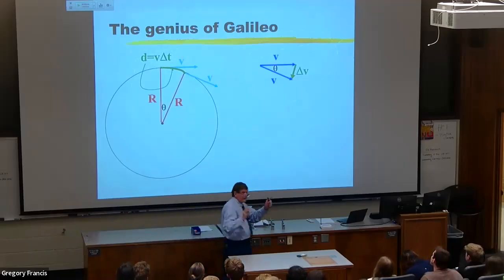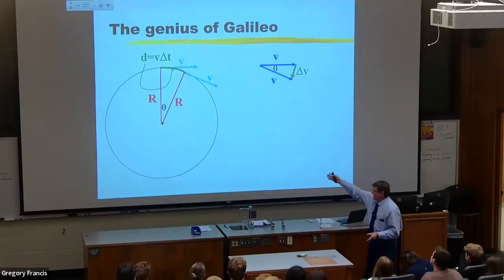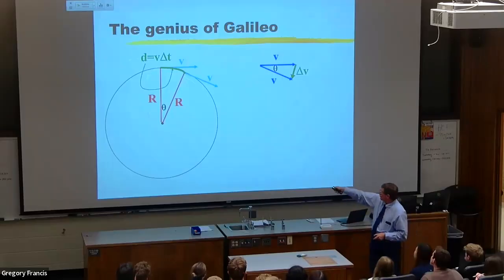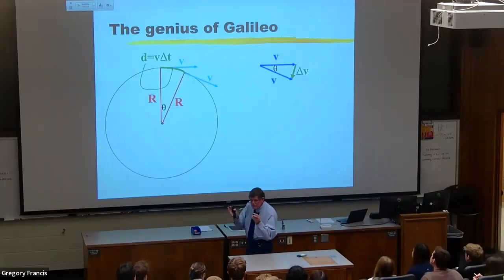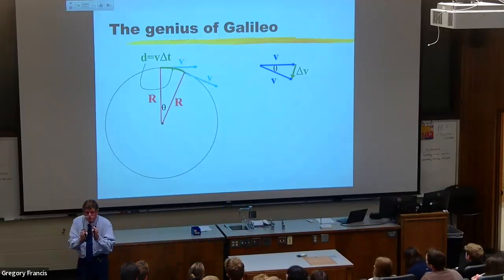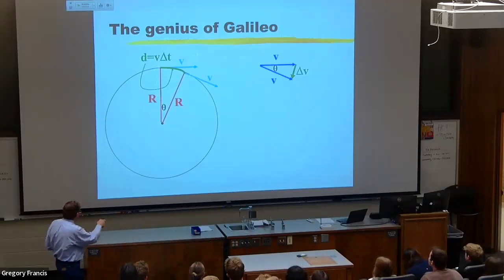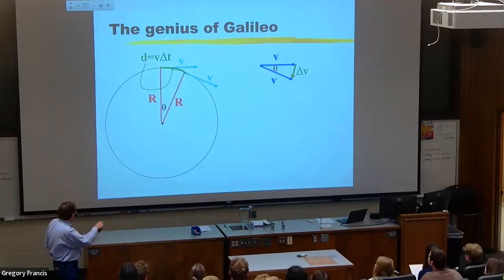And then Galileo said, this triangle is similar to that triangle. And all of his contemporaries said, oh, Galileo, you silly boy. That's not a triangle. That's a slice of pie. That's a curve. But Galileo said, yeah, but if I look at a smaller little time interval, this becomes a narrower piece of pie. And this arc here starts to look more straight.